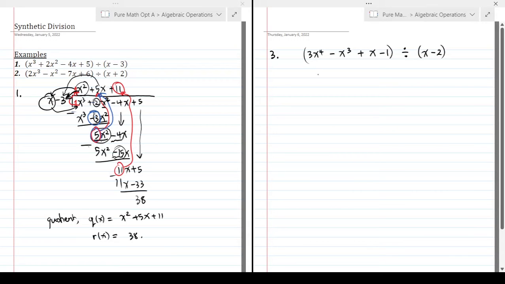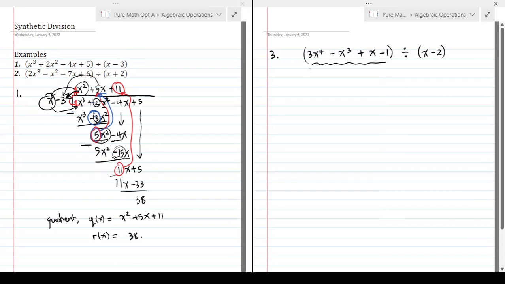So I did say I would add on a quartic polynomial, but of course linear divisor still. So I have 3x to the power of 4 minus x cubed plus x minus 1. I want to do synthetic division. So first thing I have to do, my dividend has to be converted to a string of integers, and those integers are going to represent the respective coefficients.